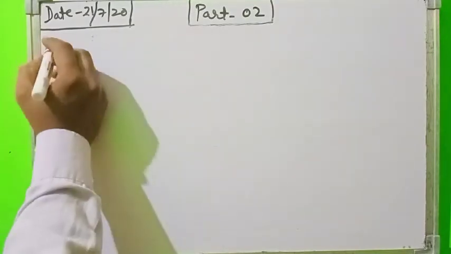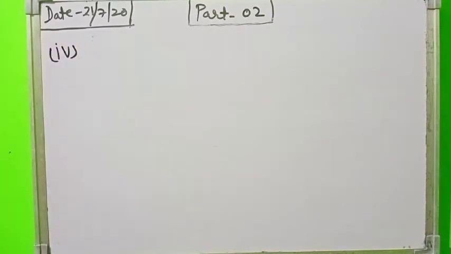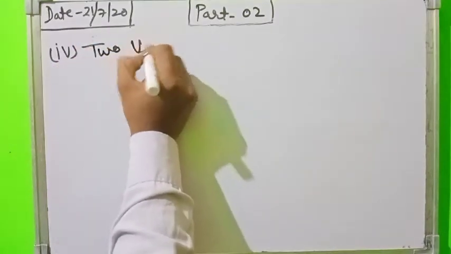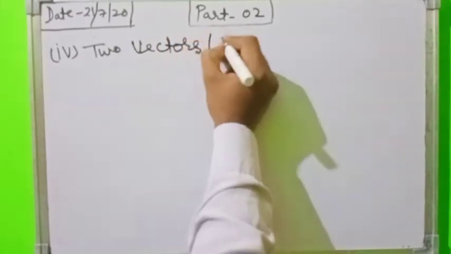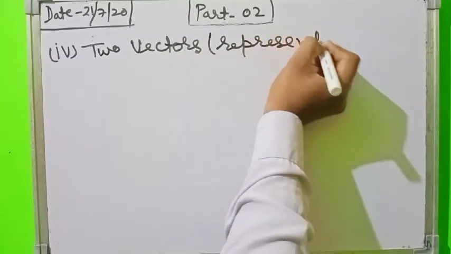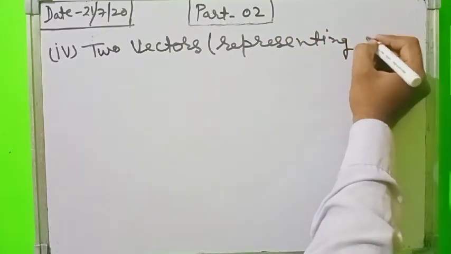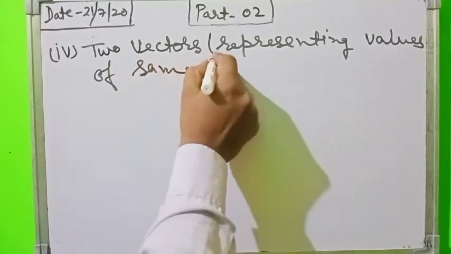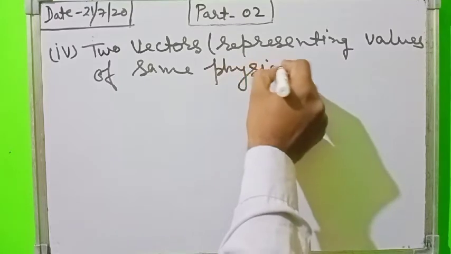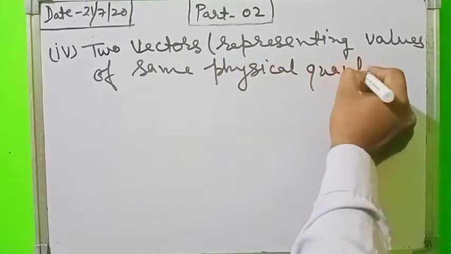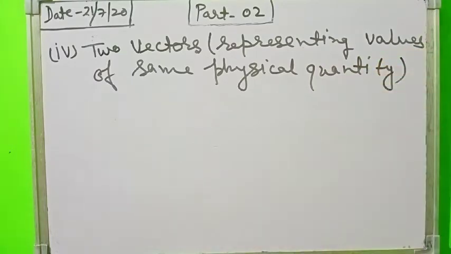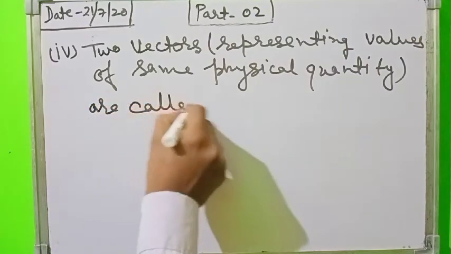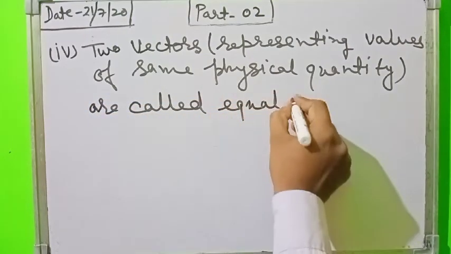If the two vectors are representing values of the same physical quantity, they are called equal vectors.